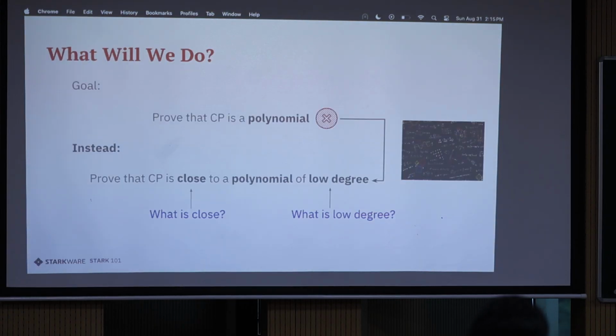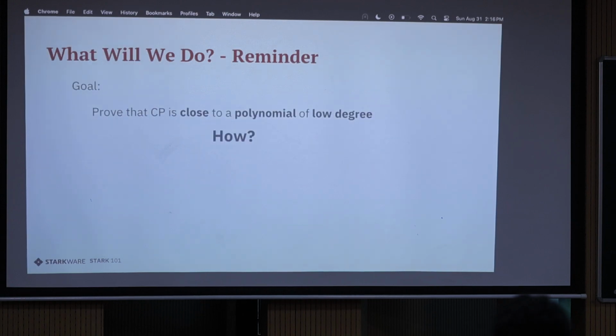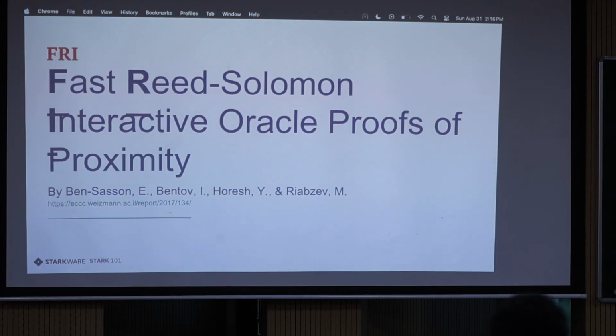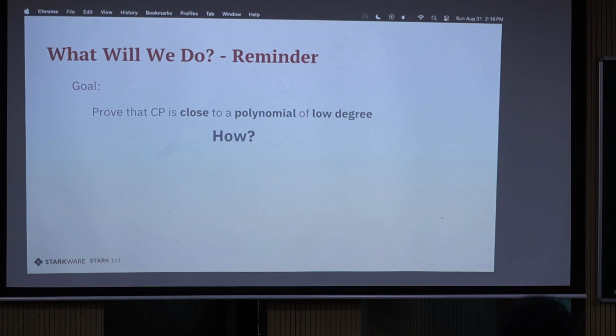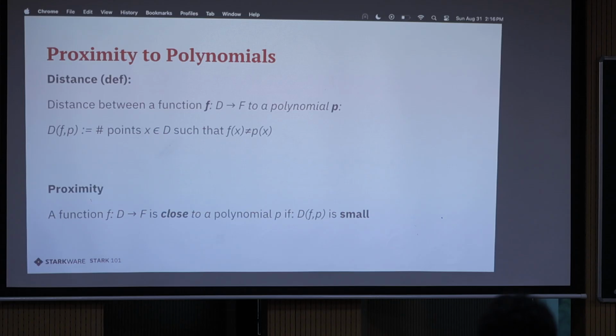So that's distance, and we want to show that this polynomial CP of x is close to a polynomial of low degree. Close to means that for a very small number of points, it is not equal to that polynomial.